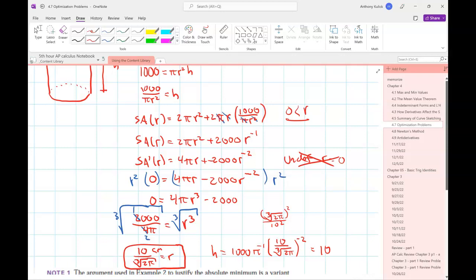I have a pi to the negative 1 and a pi to the negative 2/3. So I'm going to be left with pi to the negative 1/3. And then I have a 2 to the negative 2/3. And I think that's probably okay for me.